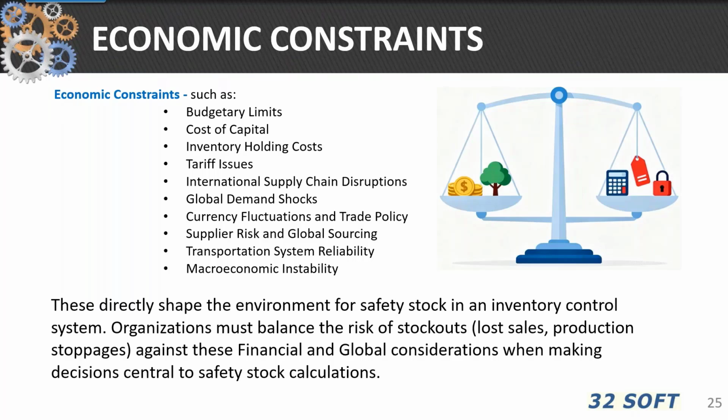These shape the environment for safety stock in the inventory control system. Many of these are hard to quantify or compute with mathematical equations, but that is becoming easier with tools such as ChatGPT, Claude, Perplexity, etc.